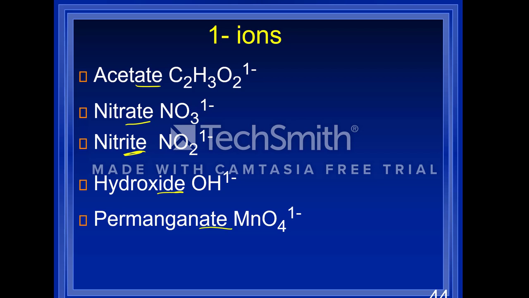Permanganate, ATE, it's got manganese in it. The other one that doesn't end in ATE is cyanide, because they thought that cyanide was part of an element. And CN with the 1 minus means 1 carbon, 1 nitrogen bonded together. We drew that one a couple times last chapter.